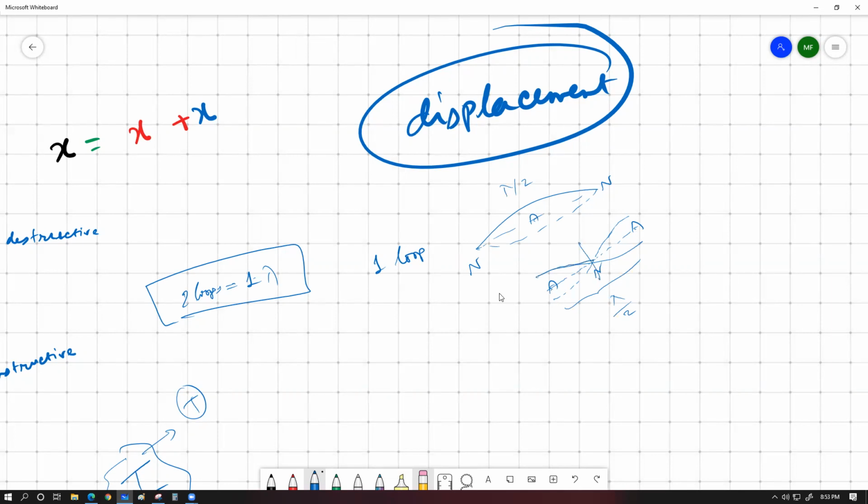Here look, this is half part of one loop, and here look, this is the remaining half part of another loop. So if you visually add these two, you are going to get a total length of one loop. You are having half loops on two sides. So sir, one loop is lambda by 2. So 2 into half loop, so the half cancels. So one loop is lambda by 2.